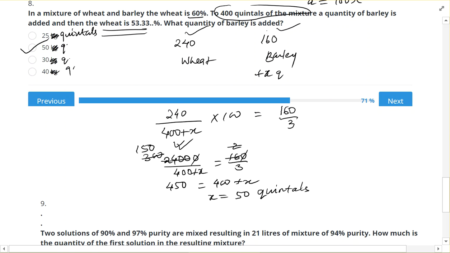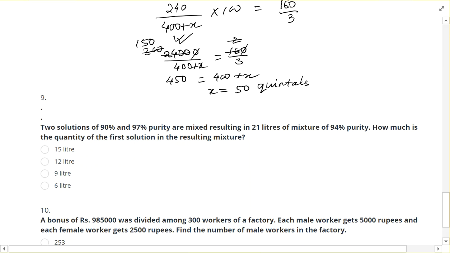Now, question number 9. Two solutions of 90% and 97% purity are mixed, resulting in 21 liters of the mixture of 94% purity. 90, 97, and 94. This is 4 and this is 3. 3 is to 4 is the ratio. So 3x plus 4x is 21.